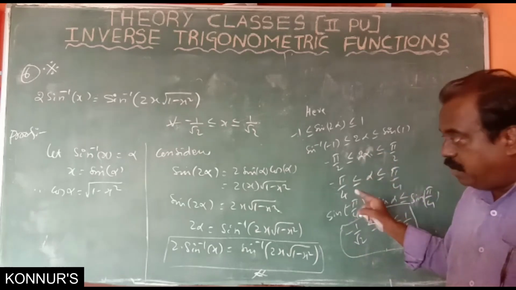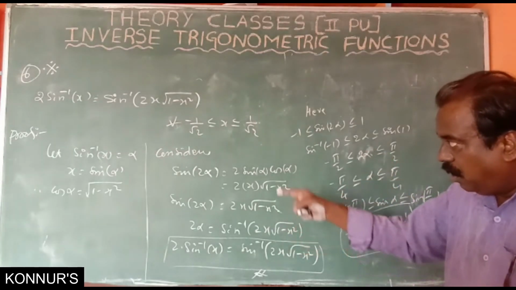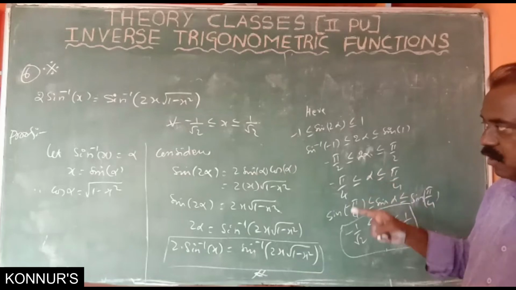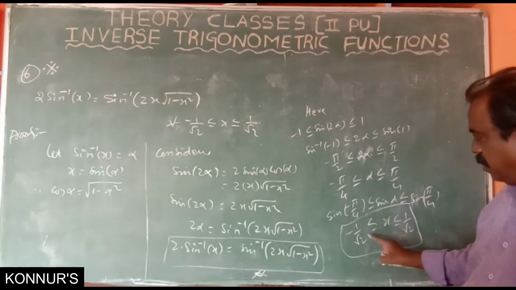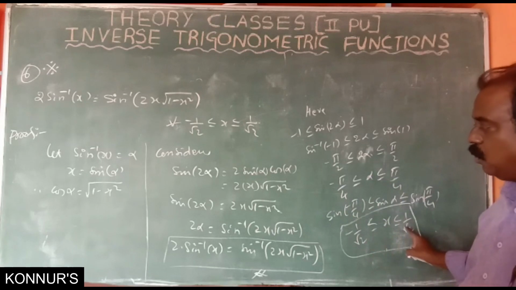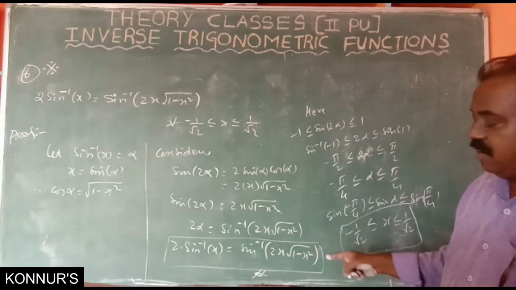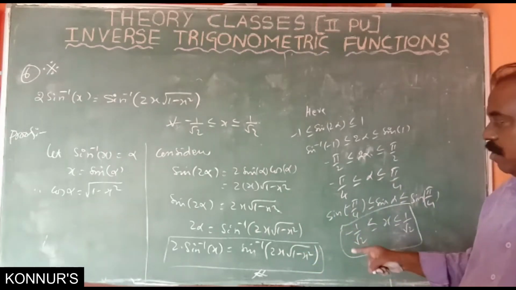This must be added to the proof. Now it is the complete solution. With this condition, x between minus 1 by root 2 and plus 1 by root 2, 2 sine inverse x is sine inverse of 2x root 1 minus x square.